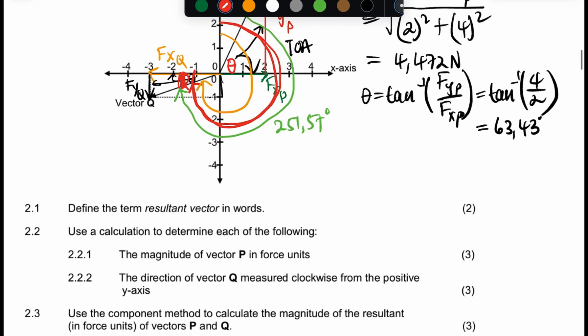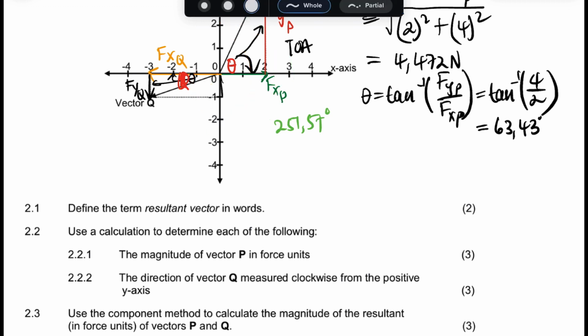Alternatively, what you can do there, you can calculate. Okay, let me erase all these so that we can see. You can calculate this angle, right? So calculating this angle, that means we're going to say 180 plus this angle that we're going to calculate. How are we going to calculate it?